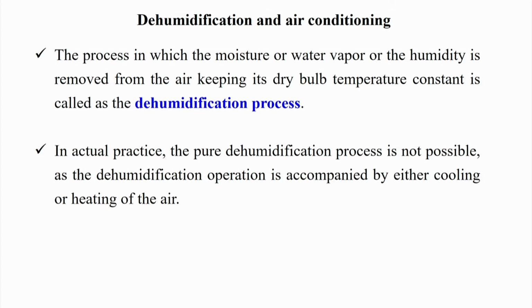Before entering into this subject, we should know something about the dehumidification process and air conditioning. The process in which the moisture, or water vapor, or humidity is removed from the air, keeping its dry bulb temperature constant, is called the dehumidification operation.